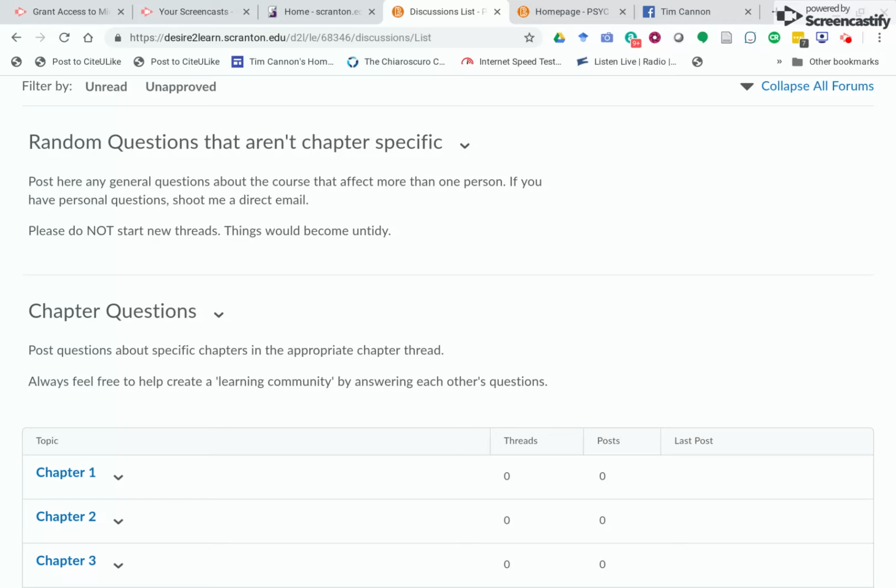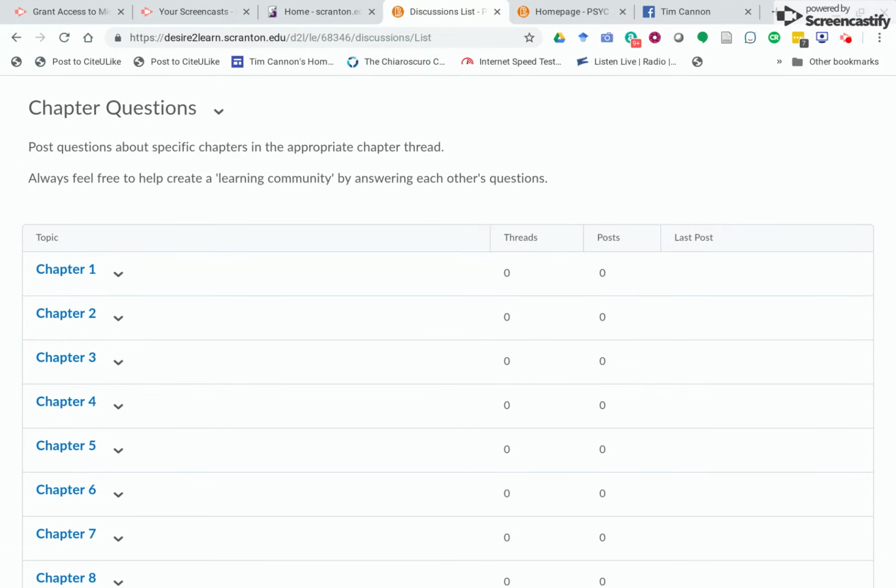Just send me a direct email. But if you have general questions about the course, the syllabus, the testing, anything, post it here. Because if you're confused, other people are confused. And I basically will not answer questions by email that affect more than just you. I want to be fair and balanced, and I like people who ask questions, but I want everyone to have the information, not just the person who asks the question. So that's going to be an important thread.